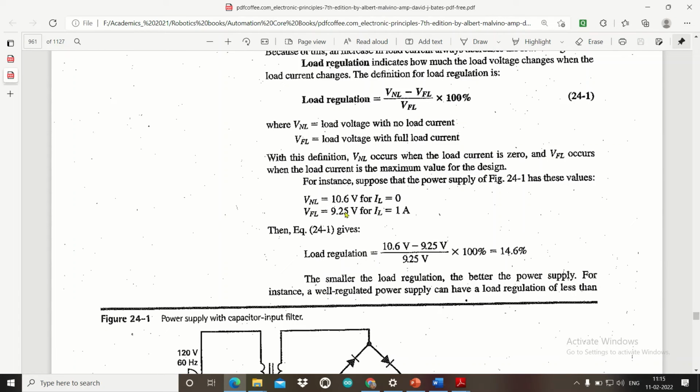Now you see one example is given: if we have a power supply where the no-load current voltage is 10.6 volt, that means the load current IL is 0 here, so you have a voltage of 10.6 volt. With full load current, that is 1 ampere, you have an output voltage of 9.25 volt. So your load regulation becomes 10.6 minus 9.25 divided by 9.25, and it will be 14.6%.